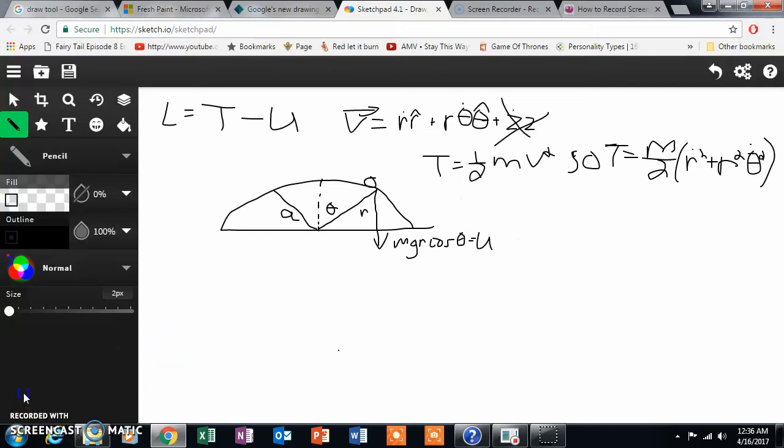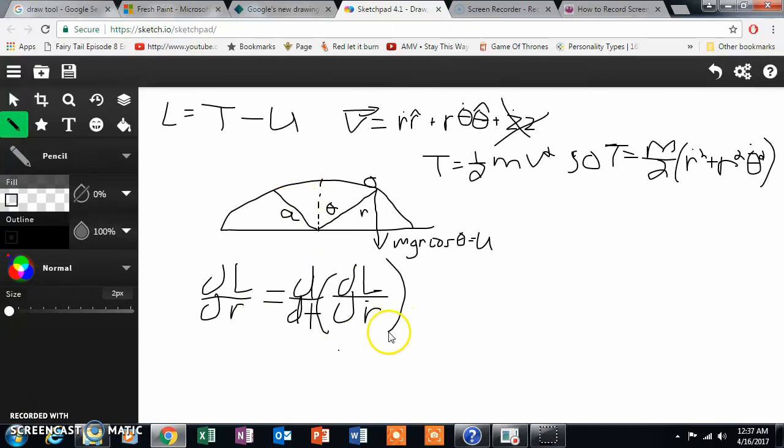Now, the Lagrangian identity says that del L del r is equal to d dt of del L del r dot. So del L del r minus d dt of del L del r dot is equal to 0, so we move that to the other side of the equation in this problem.